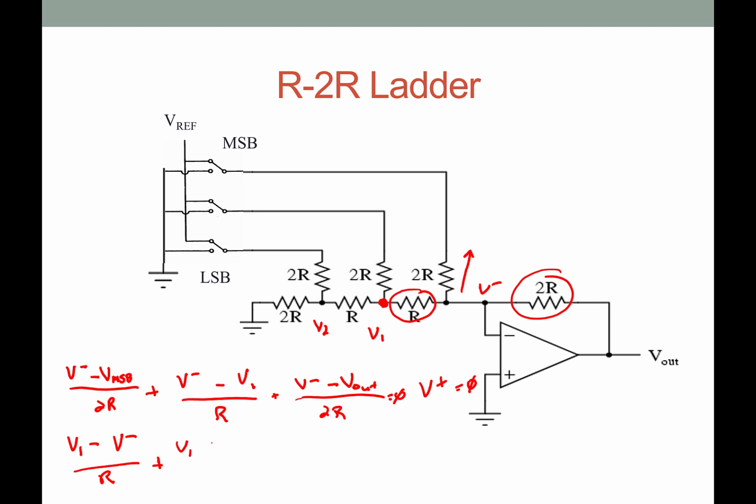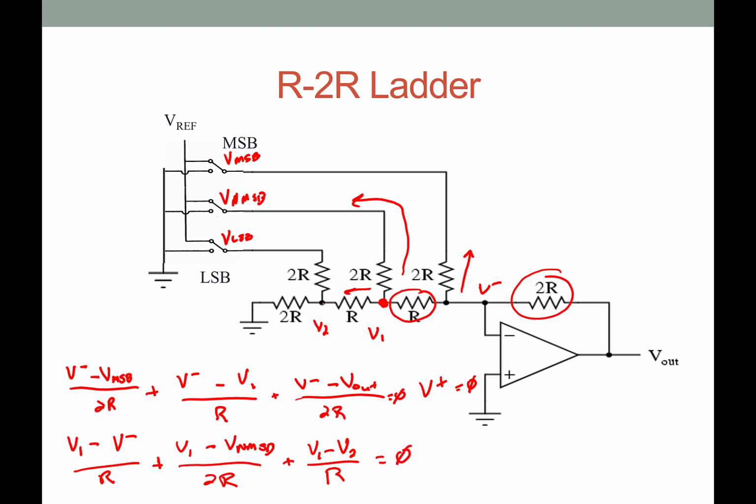So V1 minus, I'll call this minus V NMSB. So I'm doing this current here, V minus minus V NMSB over 2R plus V1 minus V2 over R, so it's this current, that's equal to 0.